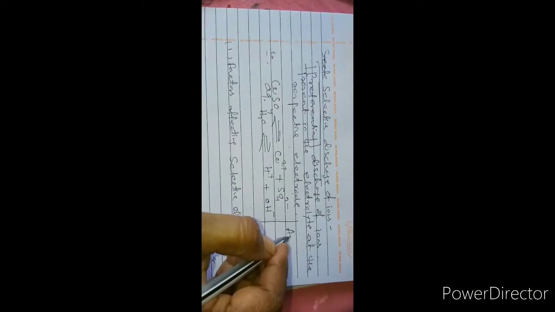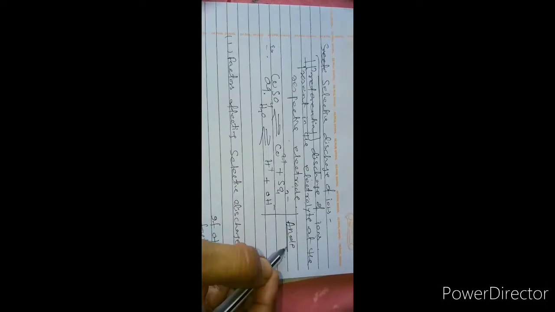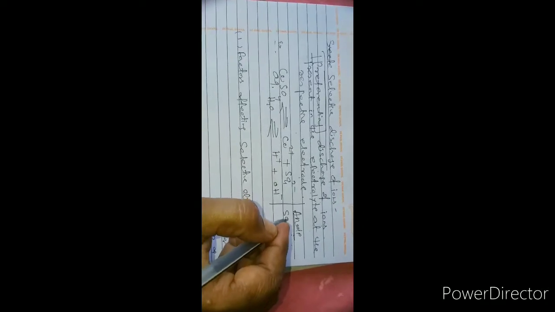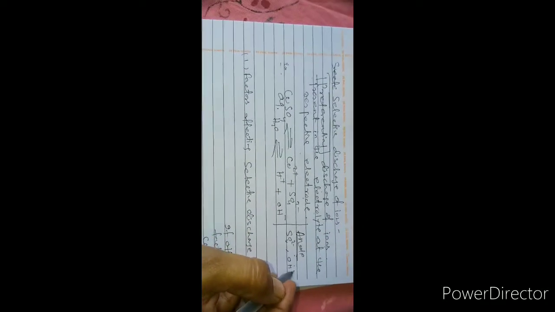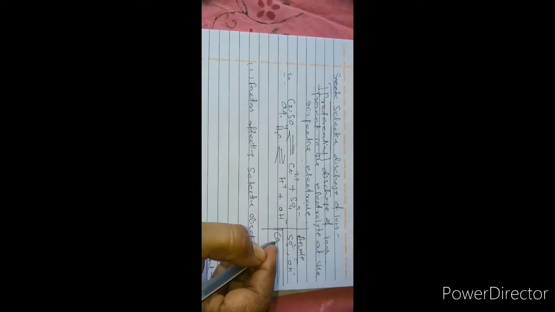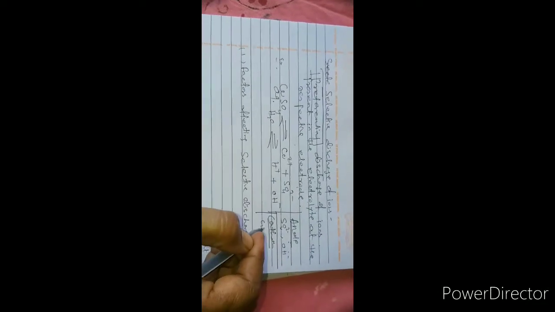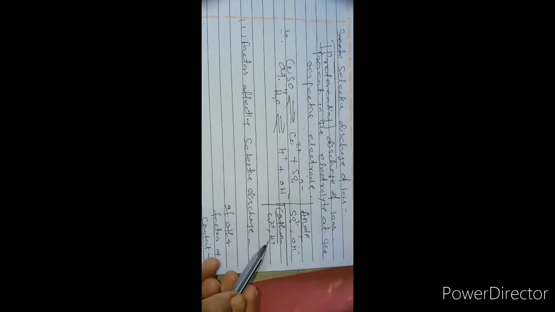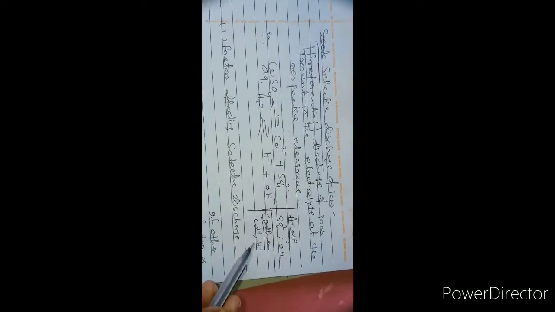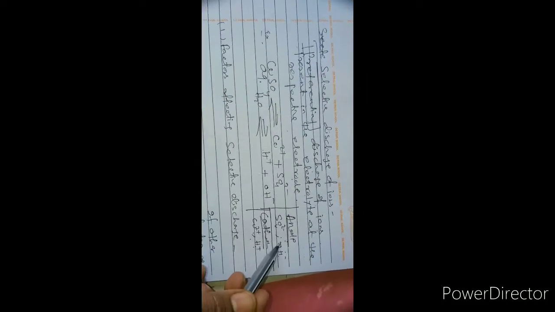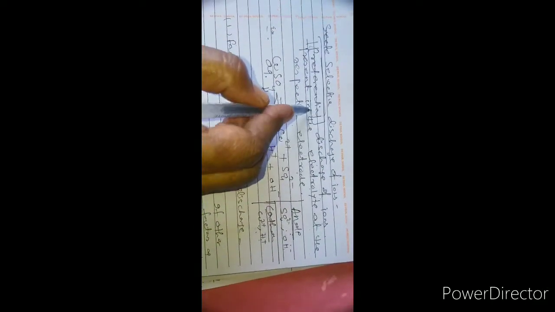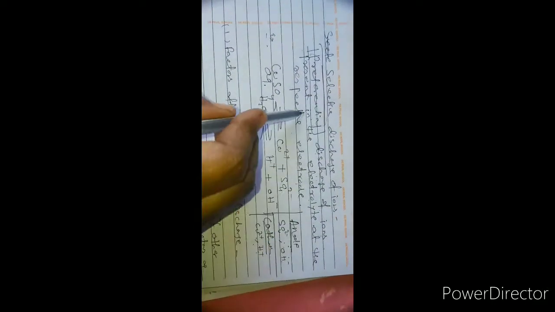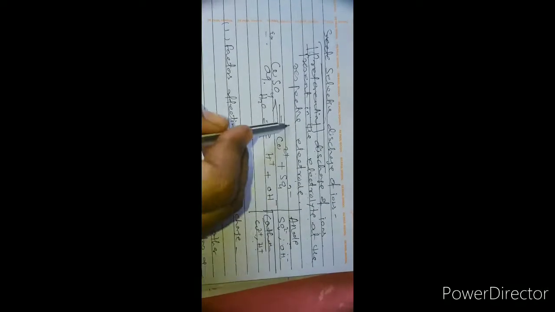Negative ions will go to the anode: sulfate 2 minus and OH minus. For the cathode, we will have copper 2 plus and H plus. We have to select which one will move toward the respective electrode. This is known as preferential discharge of ions.